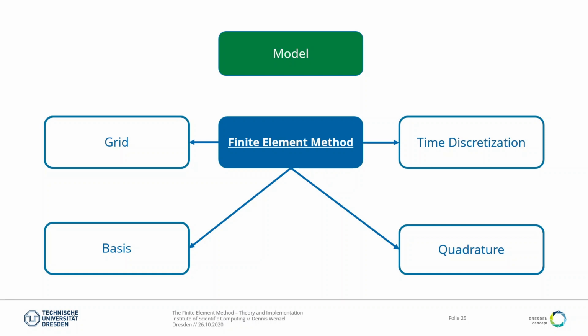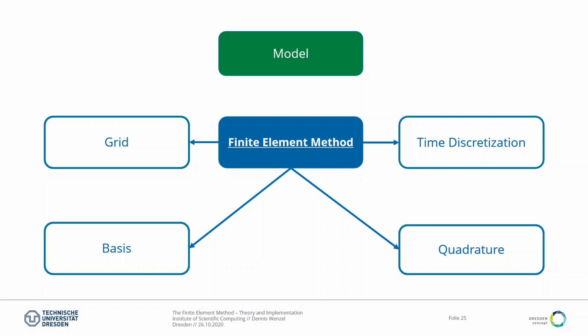Then there is the basis part. The basis part is, although this might sound cryptic at this point, we will dive into this a little more into detail in further lectures. So the basis is essentially the part of the software that gives your computer a way to handle those functions. Then there is the next part, quadrature.